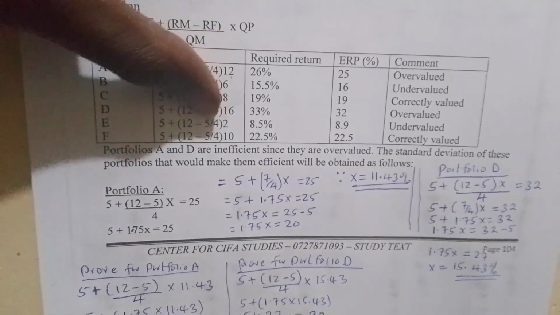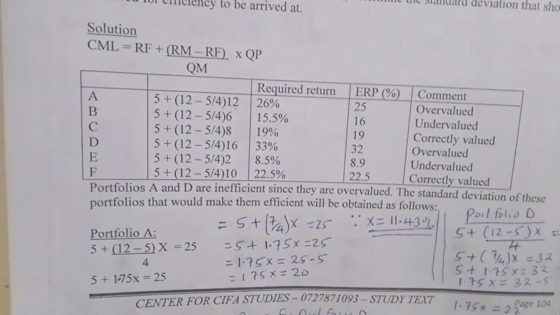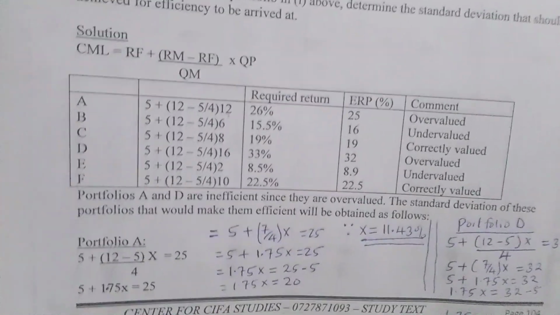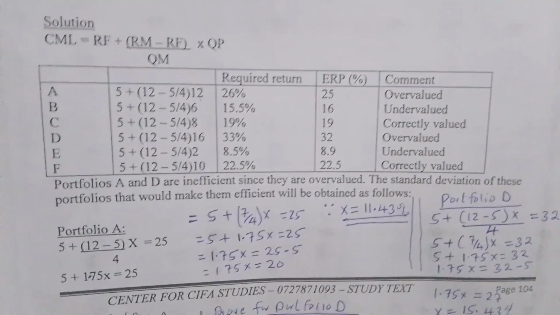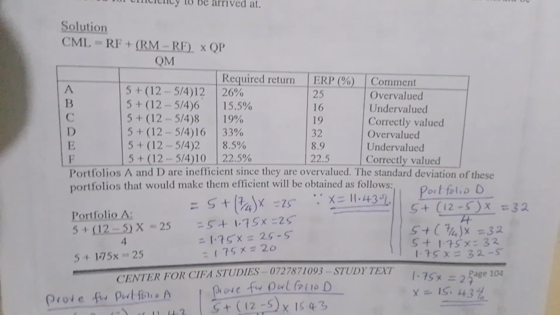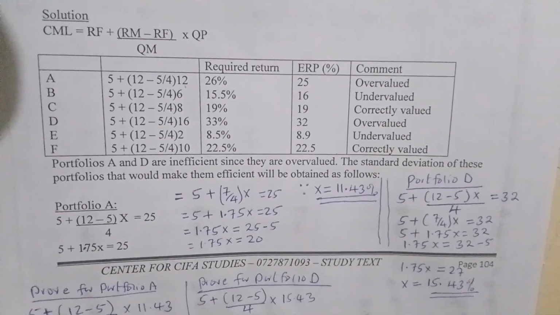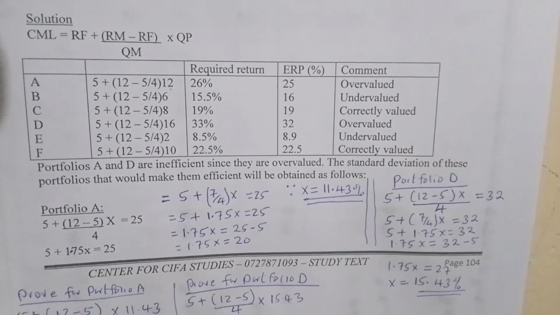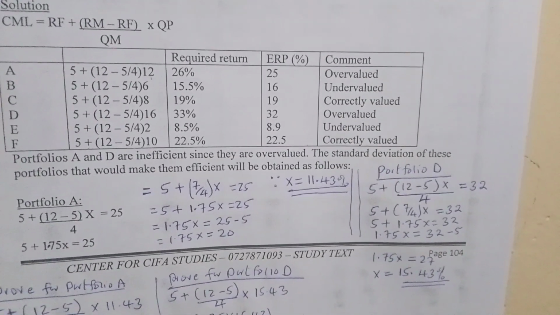Now, make a follow-up here for portfolio A. See what I've done there. I've used Biro. Portfolio A, we want to establish the standard deviation that we can use so that our required return equals to 25.